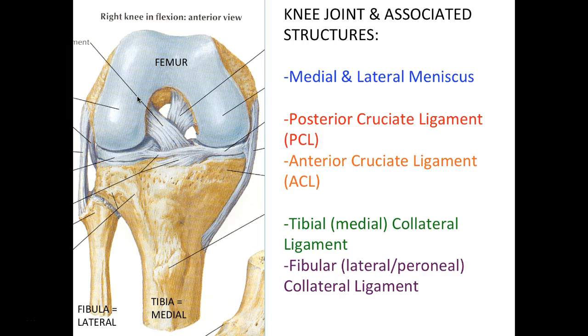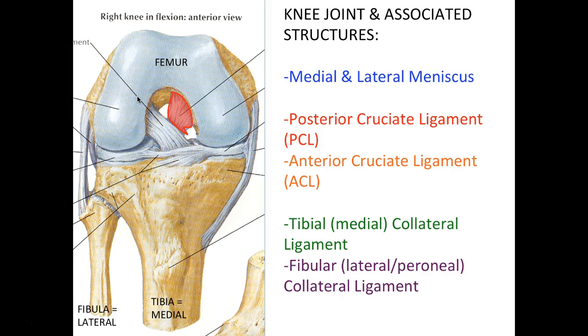Now let's move into our cruciate ligaments. Cruciate means cross, so you can see how these ligaments are kind of crossing each other over here. So in red, I have my posterior cruciate ligament, which is the PCL, and this is attaching the medial condyle of the femur over toward the posterior surface of the tibia, which is why we call it the posterior cruciate ligament.